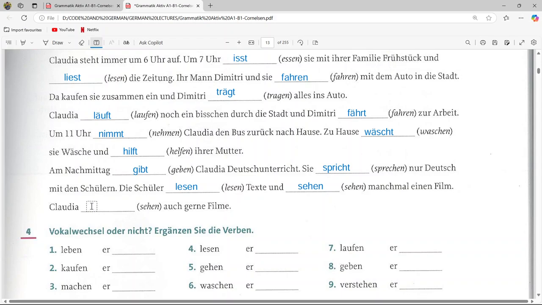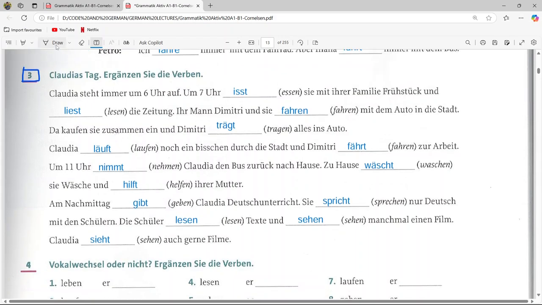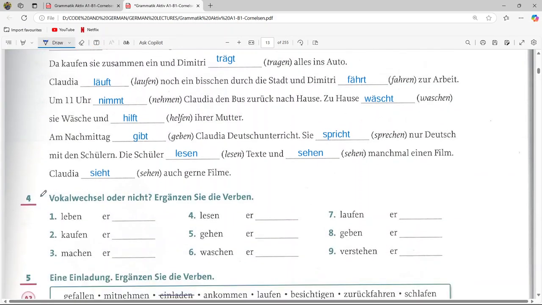Claudia, and now it is about Claudia, so sehen will become sieht. So Claudia sieht auch gerne Filme. So Claudia also likes to see films. Okay. So this one is completed. You go down and solve the next one.